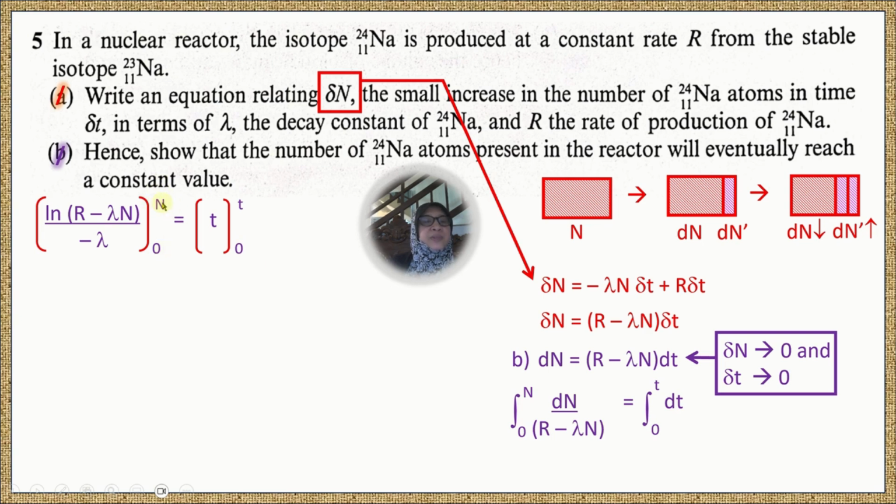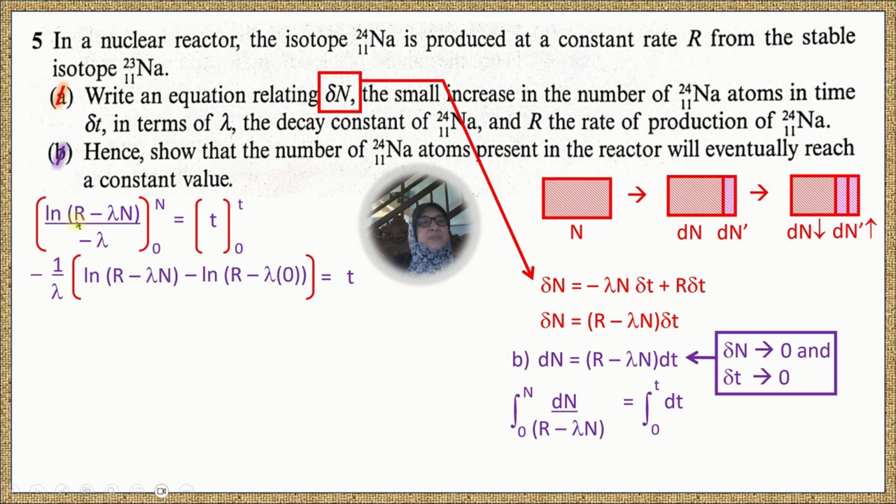Okay, so now we substitute n into the equation here. On the right side it becomes t, because t minus 0 is t. But on the left side, when you substitute n here, what do you get? Lambda is a constant here, so we can factor out negative 1 over lambda.